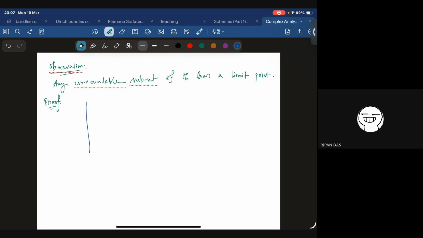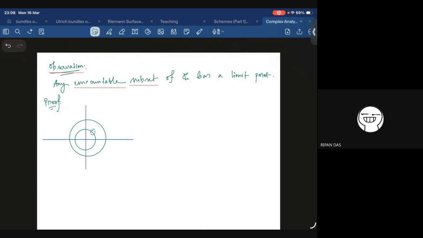So first let's draw C. Then what we are going to do is cover C by these balls. Yes, I know they are not very well placed. Now it is.